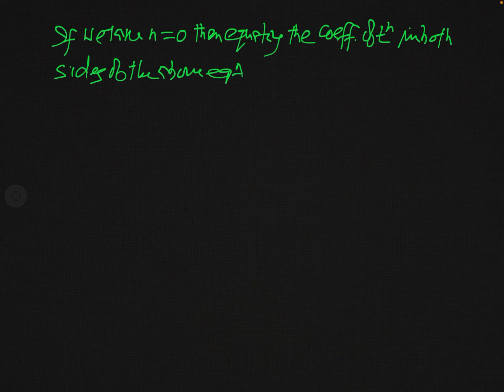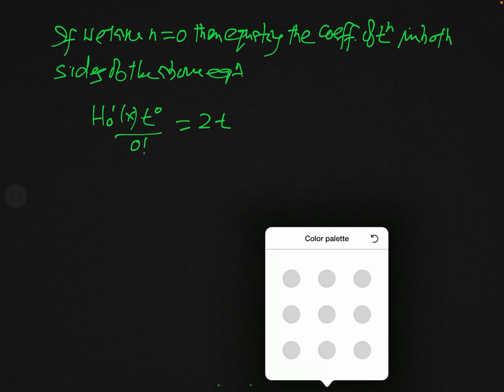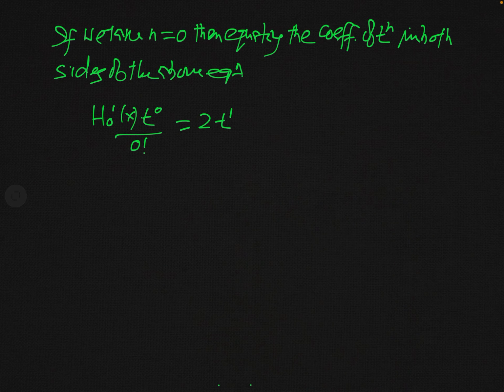You can see in LHS there will be simply H0 prime of x t raised to the power 0 over 0 factorial, and in RHS there will be 2 t raised to the power 1 over 0 factorial and H0 of x.